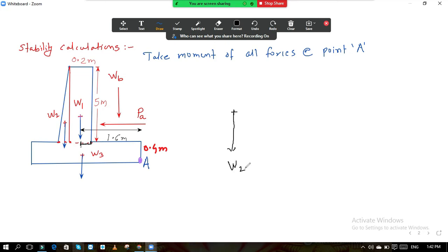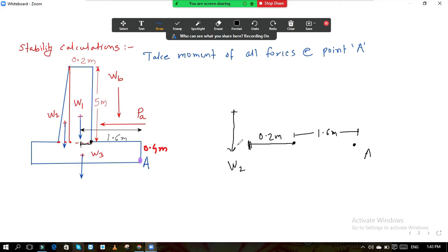Here W2 is acting, and here somewhere your point A is there. Then you need this distance, so here is your toe end, and suppose this point is over here. This distance you already know is 1.6 meter, plus what comes ahead? 0.4 meter. So again plus, this is 0.2 meter, not 0.4, 0.2 meter.